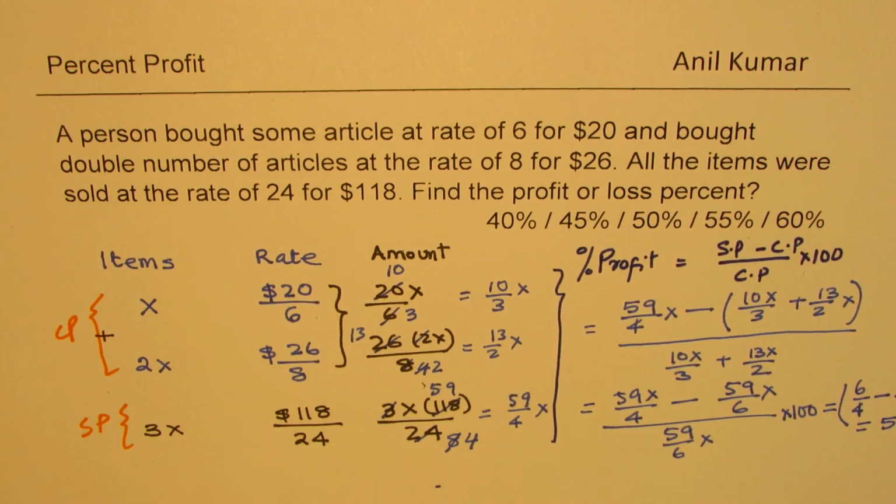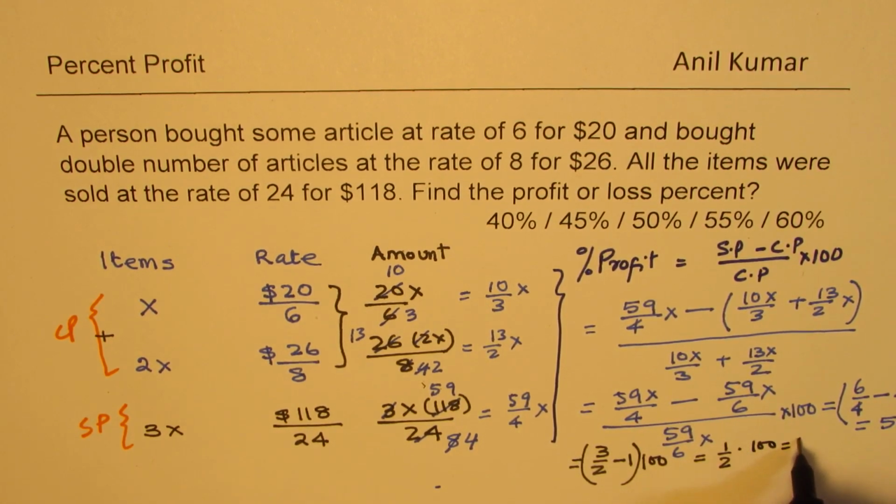Okay? So that is how we could actually get the answer. Let me just go one more step here. So 6 over 4 is 3 over 2, which is 1.5, minus 1, times 100, which is half times 100 or 50%.